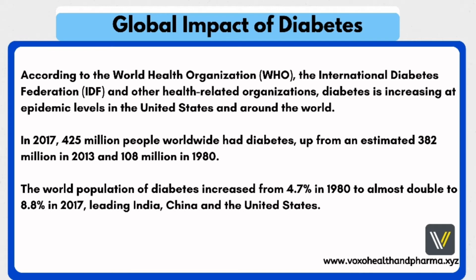In 2017, 425 million people worldwide had diabetes, up from an estimated 382 million in 2013 and 108 million in 1980. The world population of diabetes increased from 4.7% in 1980 to almost double, 8.8%, in 2017, leading India, China and the United States.